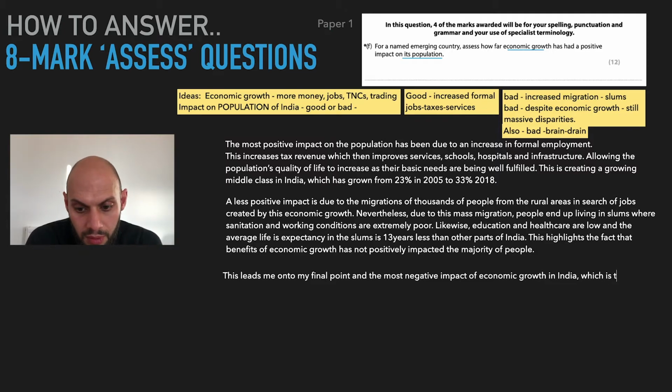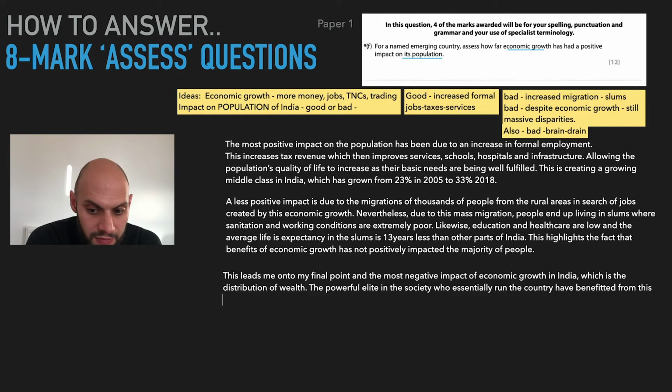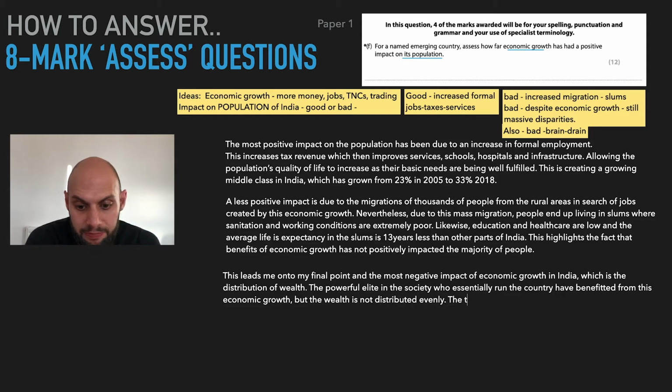which is the distribution of wealth. The powerful elite in this society who essentially run the country have benefited from this economic growth. But the wealth is not distributed evenly.